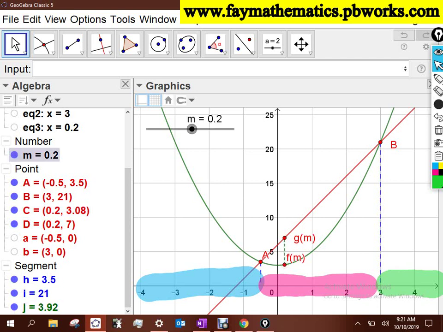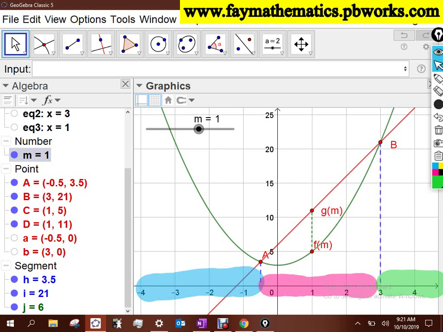My x value is going to be this slider right here. So m is the x value that I'm choosing. If I pick it to be 1, right now we're seeing in that purple region, is g of m bigger or smaller than f of m? It's bigger.